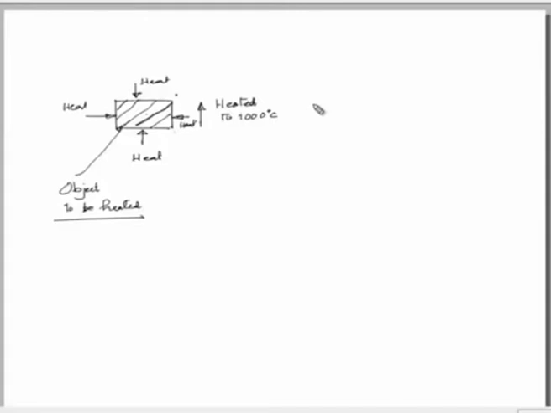Now, in this case, if we heat from all the sides, then heat transfer will take place by conventional means, and these outer layers will be heated up first, then the next layer will be heated up, then the next layer and so on.